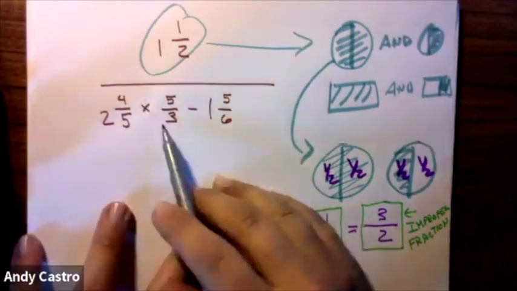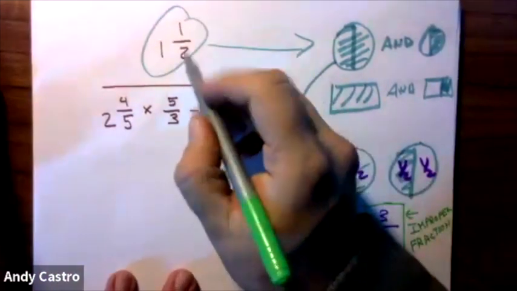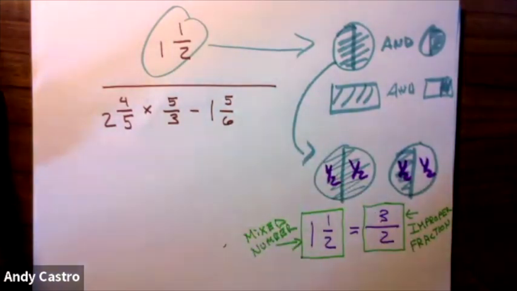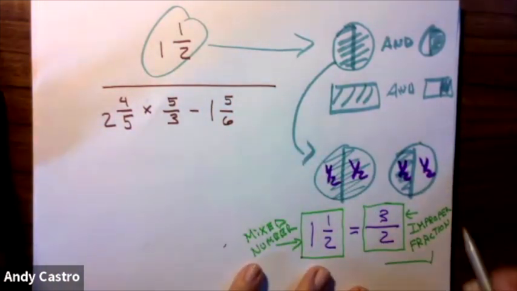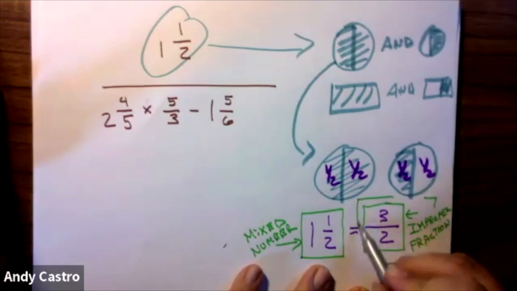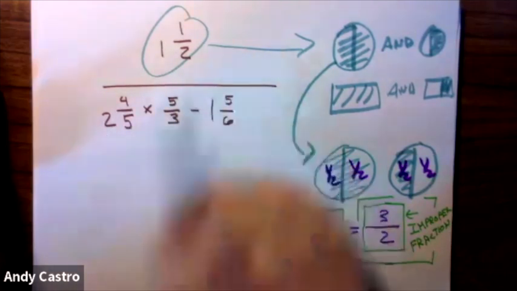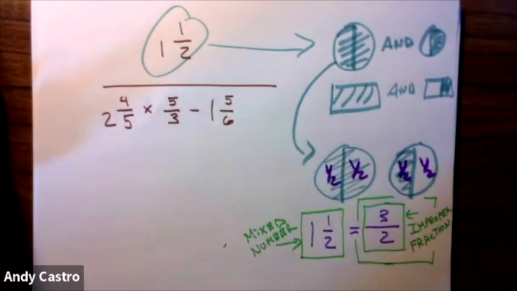So obviously in this particular problem, I have mixed numbers on top and bottom. Now, when we're dealing with order of operations, it's a lot easier to deal with manipulating fractions when they are in improper fraction form. So the first thing I'm going to do is go through here and change all of these to an improper fraction. Now, how do we do that?